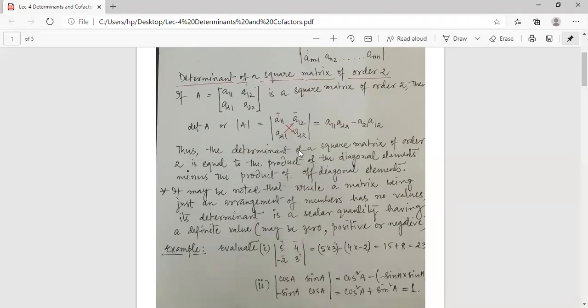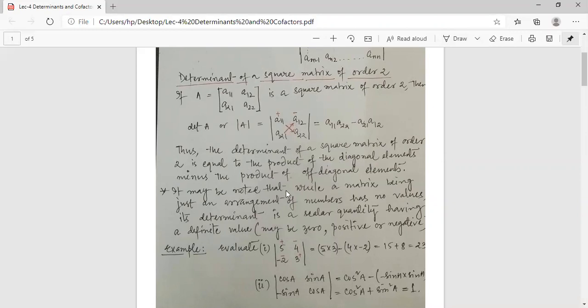So the determinant of a square matrix of order 2 is equal to the product of the diagonal elements minus the product of the off-diagonal elements. These are called the principal diagonal elements and these are the off-diagonal elements.